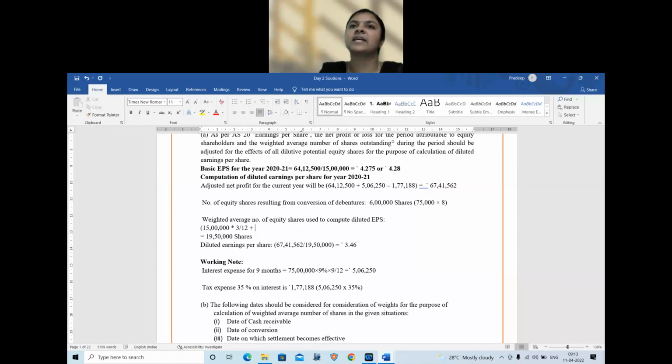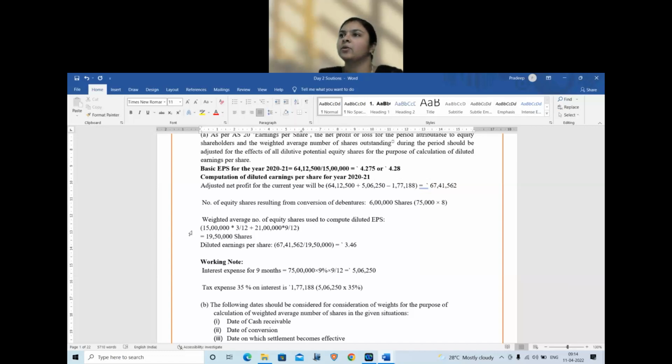So 15 plus 6 is how much? 21 lakhs into 9 by 12, which gives you 19 lakh 50,000.